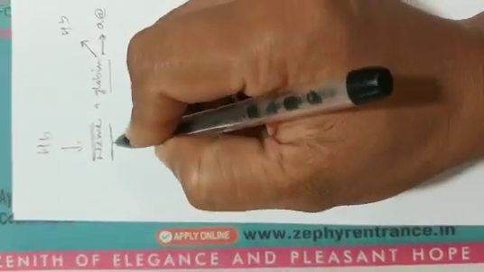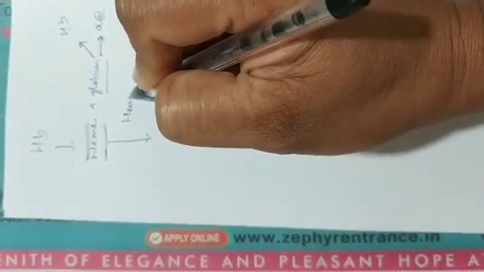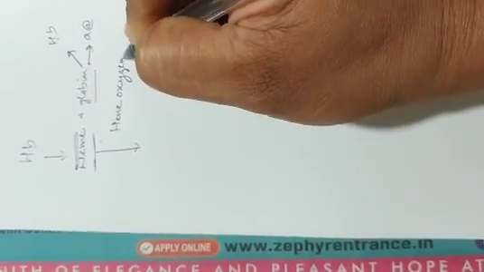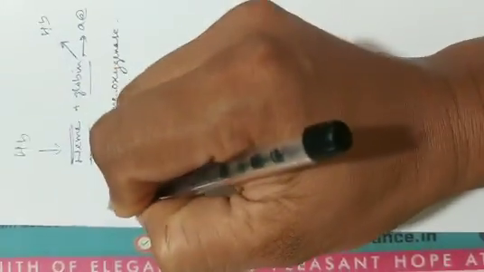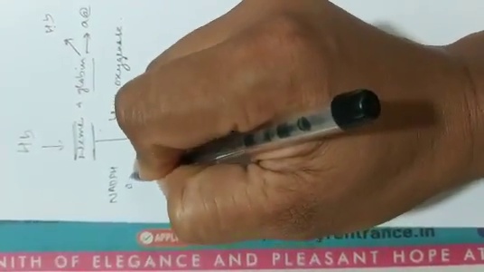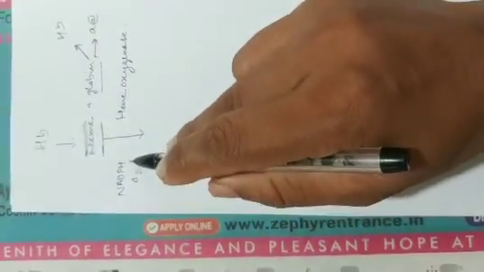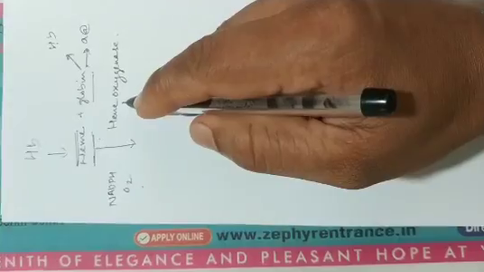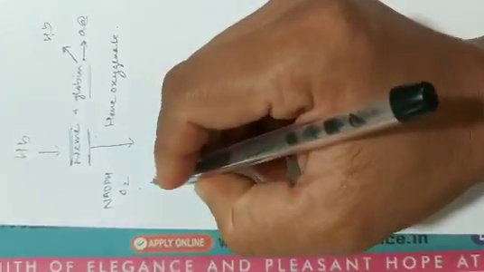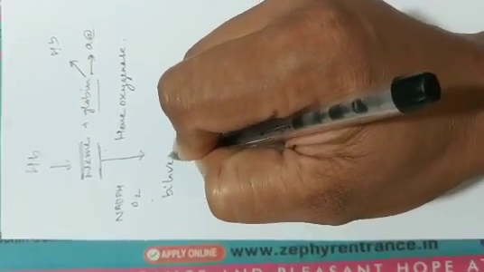Heme, by the action of the enzyme heme oxygenase, with the help of coenzyme NADPH and oxygen, is degraded into a compound known as biliverdin.